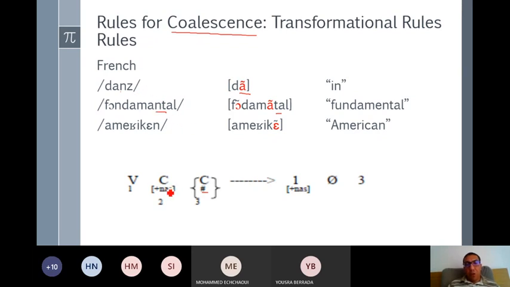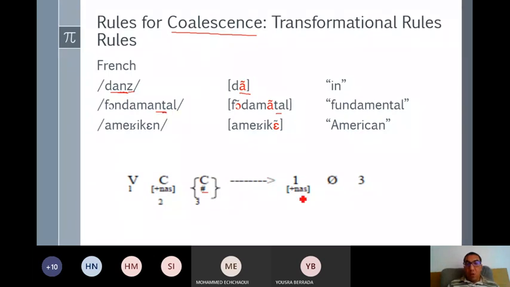So how are we going to formalize this rule using the transformational format? We copy the strings here. You've got a vowel followed by a nasal consonant, vowel followed by a nasal consonant. Either you have a consonant here or word finally.